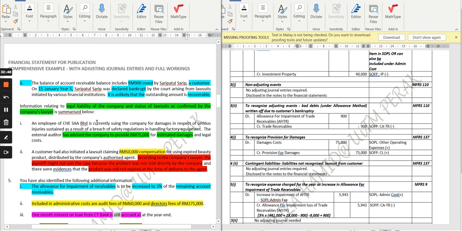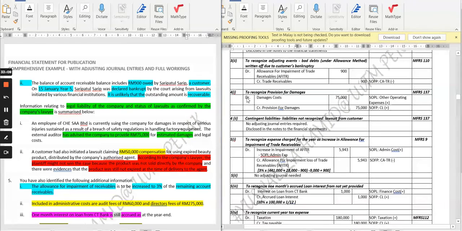According to the lawyer, the sustained injury would cause an estimated damage to be paid by the company of 75,000, and the status of the lawsuit was confirmed by the company's lawyer. So it means that this is going to be a provision for damage.